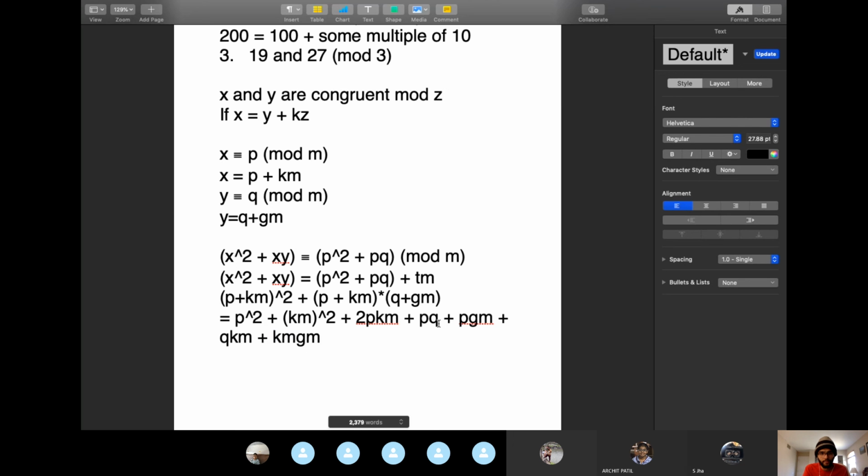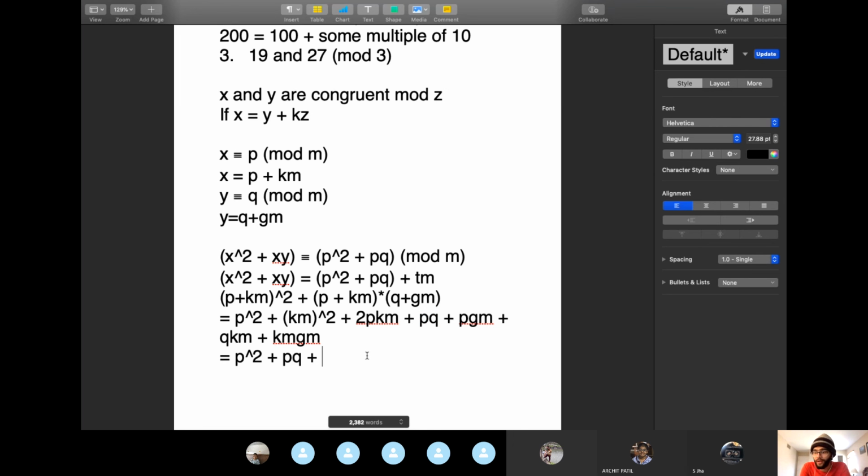Okay. Are you guys with me? I just simplified the problem. I just opened the bracket. Okay. Now what do I do? I will write this term first. I'll say p squared. I will also write this term here because I know that these terms do not have m in them.